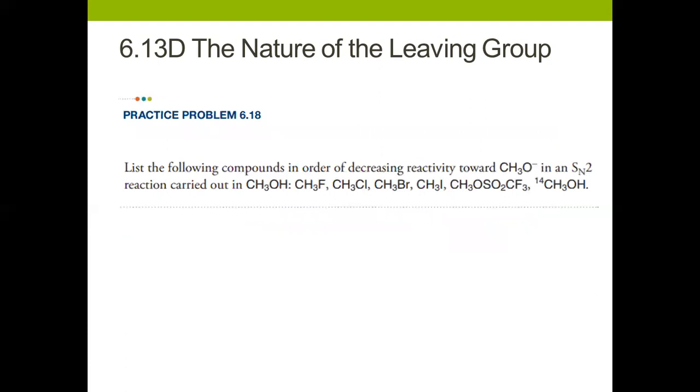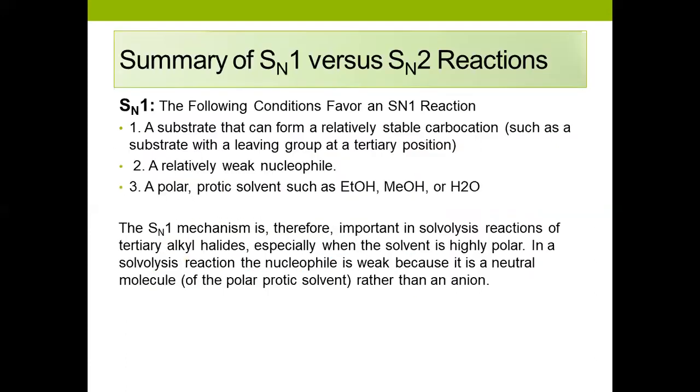Then practice 6.18, and we go for the summary. In summary, for SN1 and SN2 reactions, I hope we still have time. The following conditions favor the SN1 reaction: a substrate that can form a relatively stable carbocation, such as a substrate with the leaving group at the tertiary position. Tertiary carbocations, tertiary alkyl groups, favor SN1 reactions.